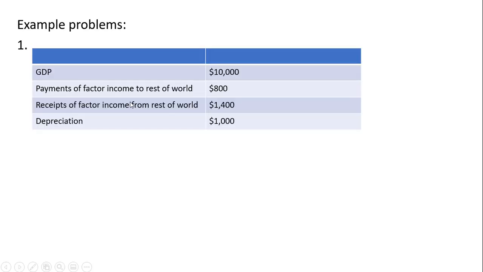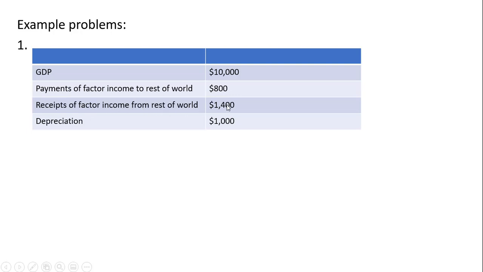So now let's do some problems. In problem 1, we have the following data. We have GDP, gross domestic product. We have payments of factor income to the rest of the world. So this could be the Canadian citizens working in America. And then we have receipts of factor income from the rest of the world.